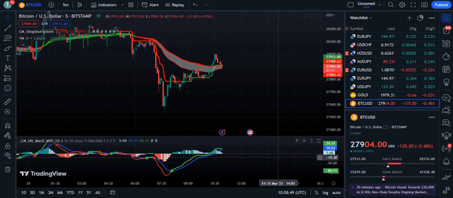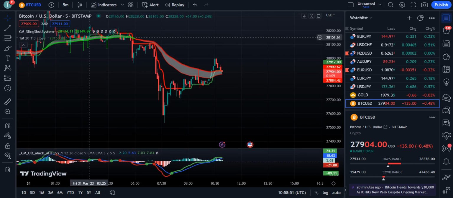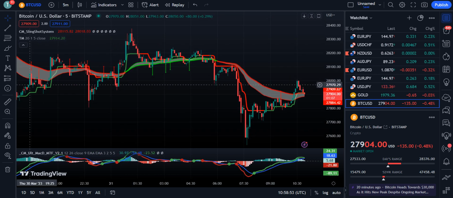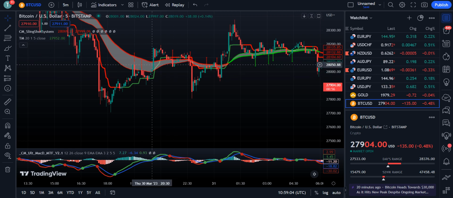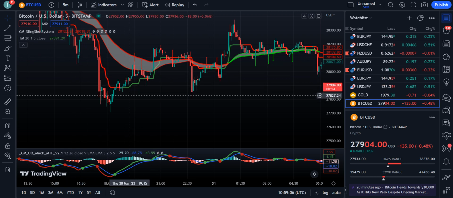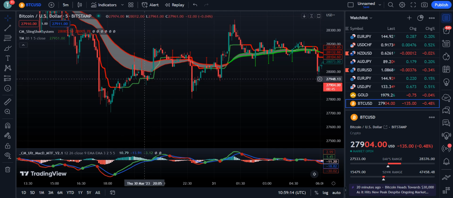Now I will tell you how to enter into the trade. First of all, I will be telling you when to enter into a long trade. Always remember that our Trend Magic indicator should give us the green color line here. The second thing that we are going to see is that our market has to make green color candles form above this green color line.